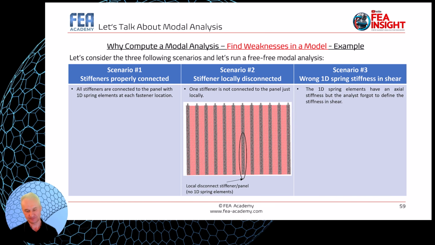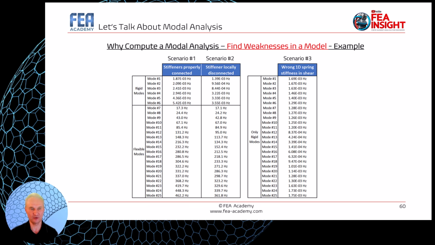By that, it means that we expect 6 modes with very low natural frequencies, usually less than 1e minus 4 Hertz. And after that, we expect the flexible modes with significant natural frequencies. So let's have a look at the results.